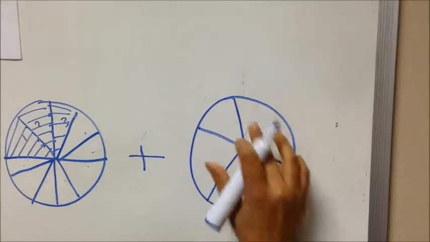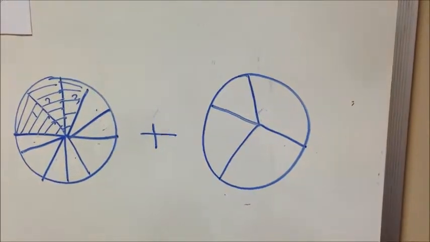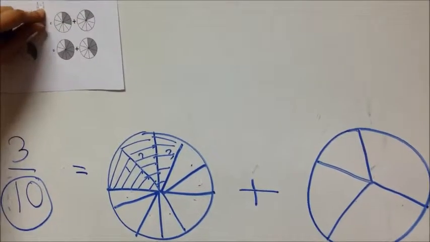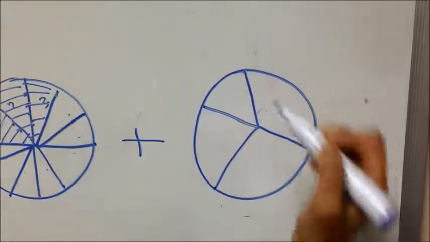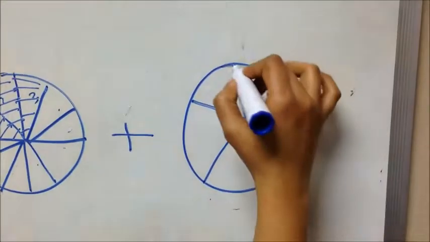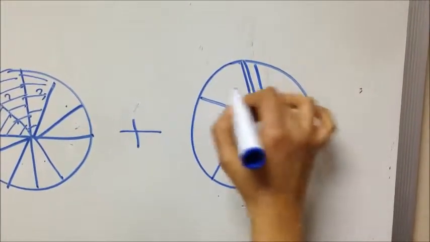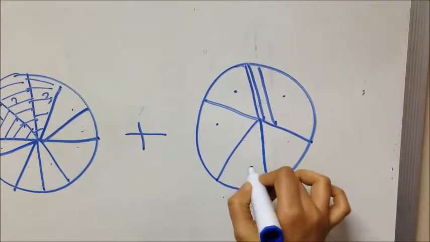So this is divided into 5, assume these are equal parts, and it expresses that 2 parts of the circle are shaded. So 1, 2, 3, 4, and 5.